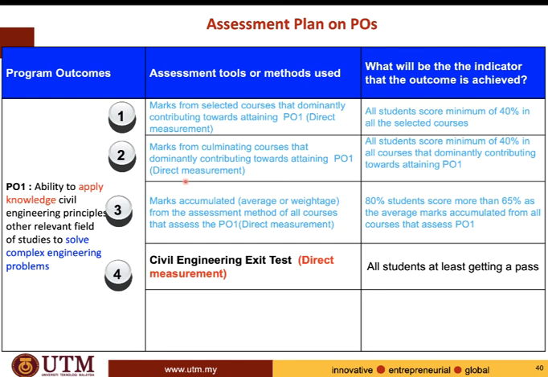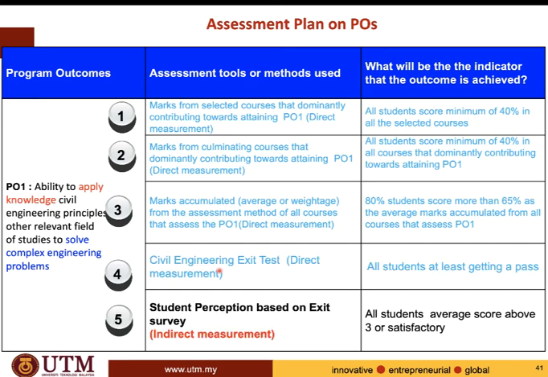Number 4, you can also use a civil engineering exit test. Before the students graduate, they need to sit one test where we will request them to get a pass, then only you consider that you have already attained PO1.